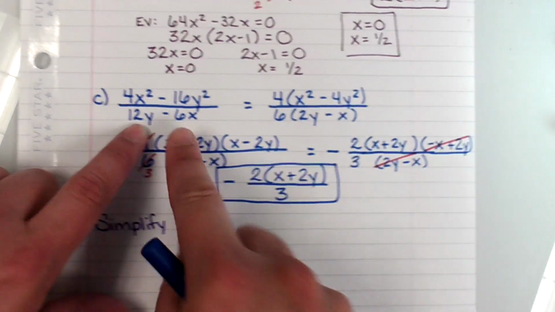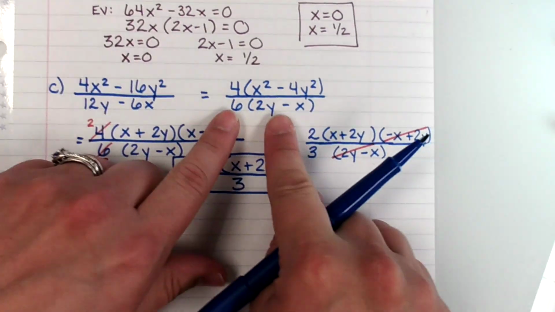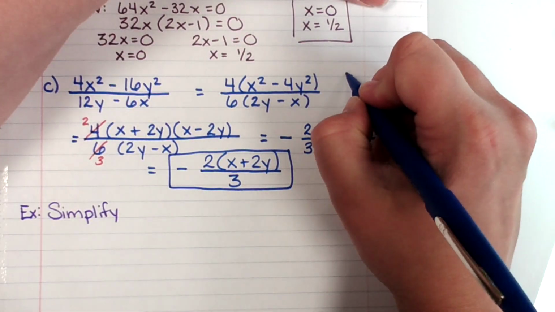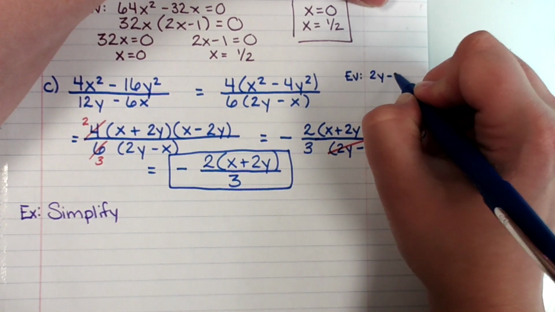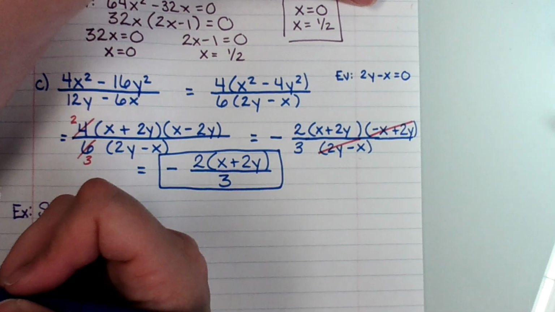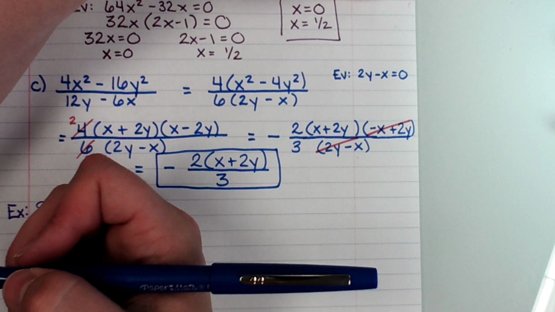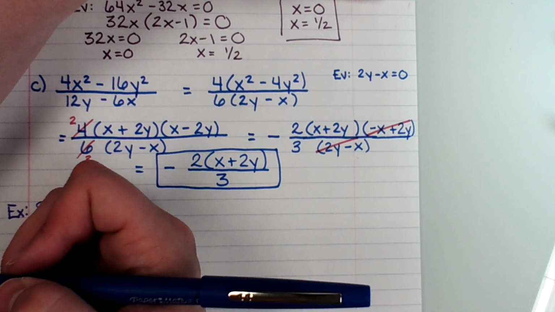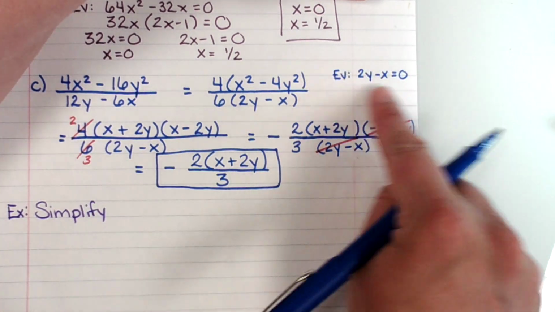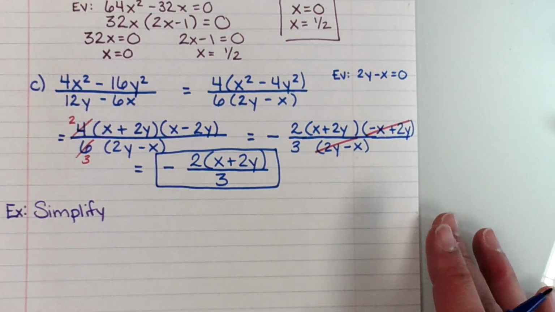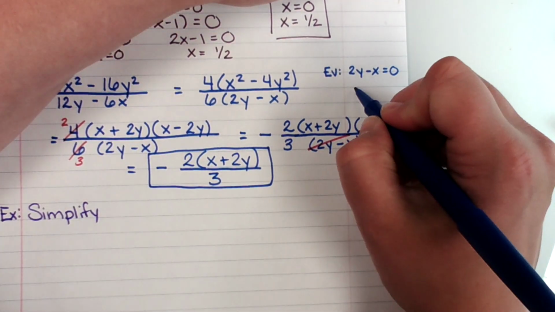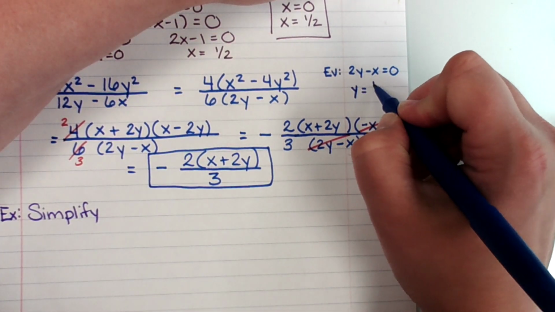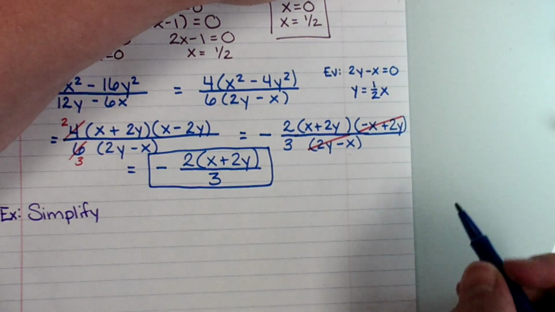If I set this, even its factored form, equal to 0, 2y minus x equals 0, there's not going to be much you can do with it other than solve for one of the variables. In other words, get a variable alone. But this excluded value is not a singular value. It's actually a line. If I were to solve for y, it would be the line y equals 1/2 x.